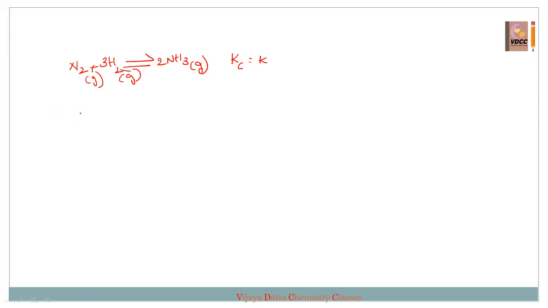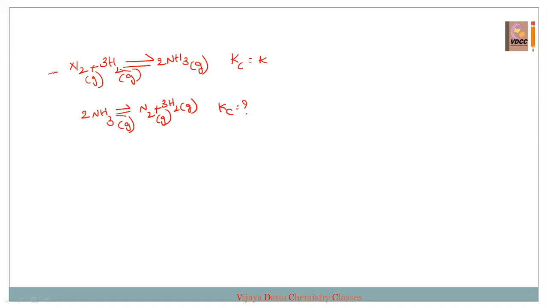how to calculate the Kc for the reaction 2NH3 gives N2 plus 3H2 of gas, right? So what is the Kc he is asking? What is the difference we have to observe over here? What is the difference between the given reaction?